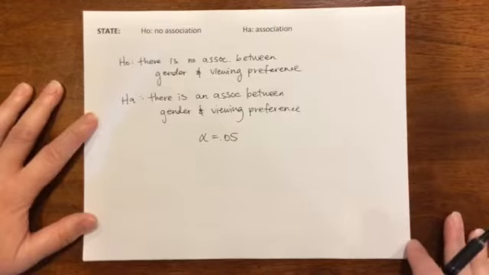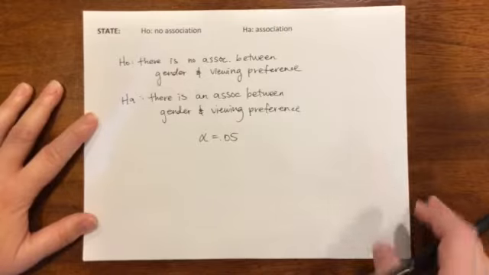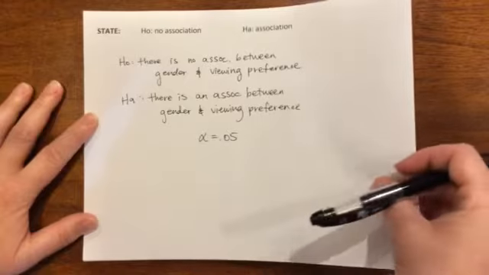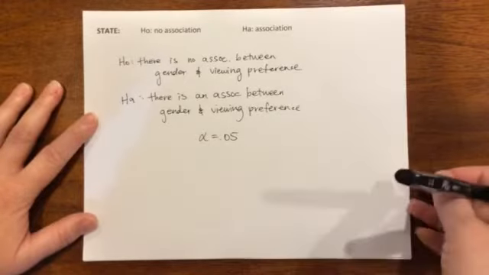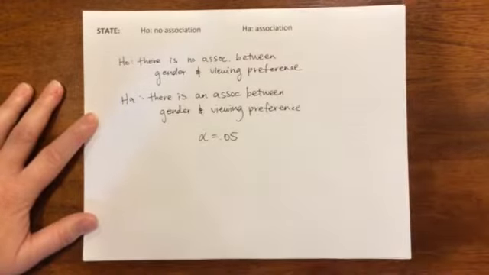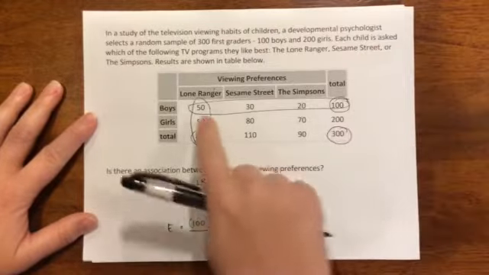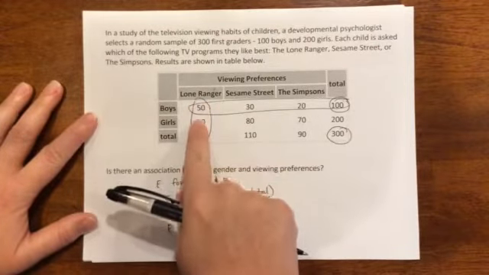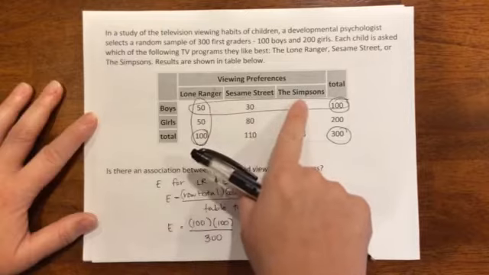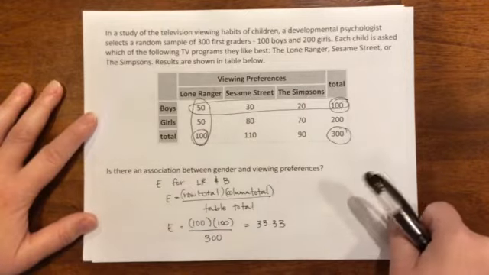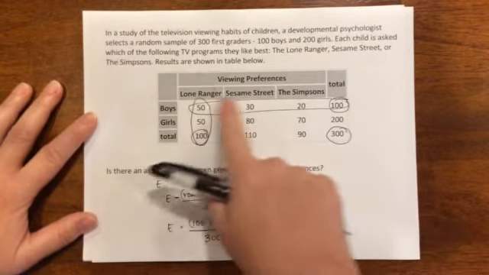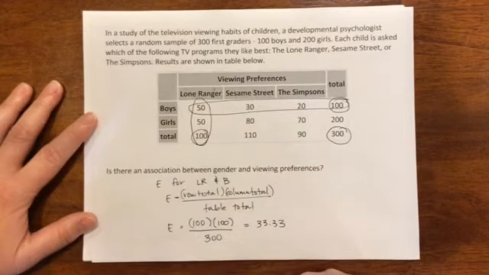Now, in the first slide, I showed you how to do the expected values for one cell. And this problem was actually a pretty big problem. There's 1, 2, 3. So this is going to be a 2 by 3. So this means we'd have to do 6 of these total. And I don't want to do 6 of those.